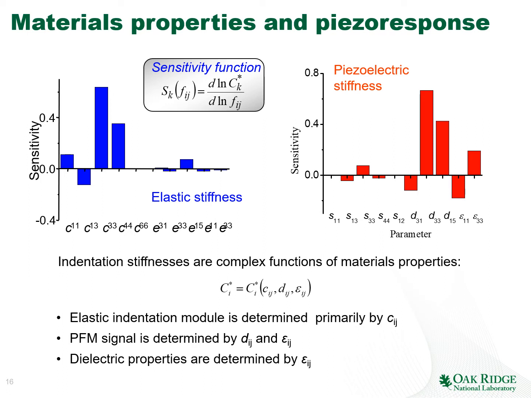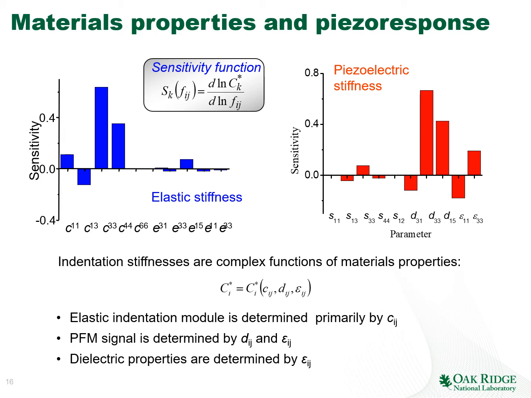At the same time, if we look at the dependence of the piezoelectric stiffness on the material parameters, we can see that rather remarkably, this piezoelectric stiffness is almost independent of the elastic properties of the material.